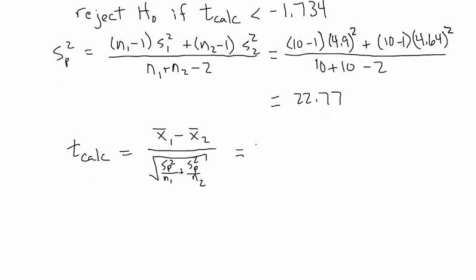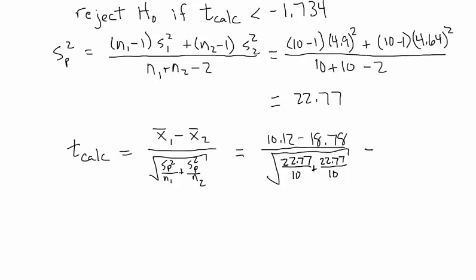So we have 10.12 minus 18.78 divided by the square root of 22.77 divided by 10 plus 22.77 divided by 10. And when we calculate this, we get negative 4.058. And negative 4.058 is less than negative 1.734.